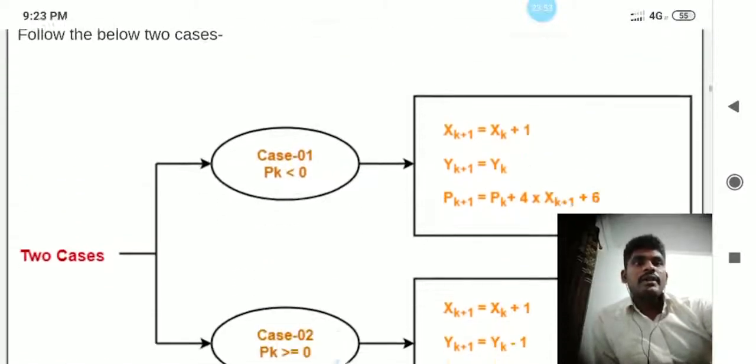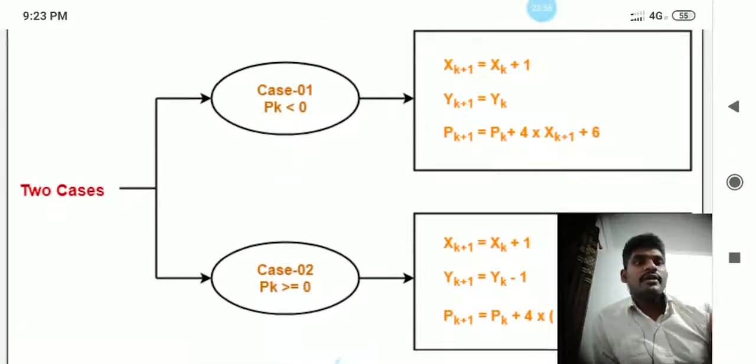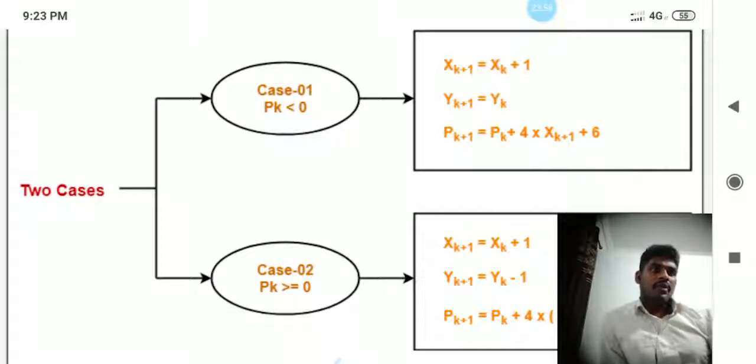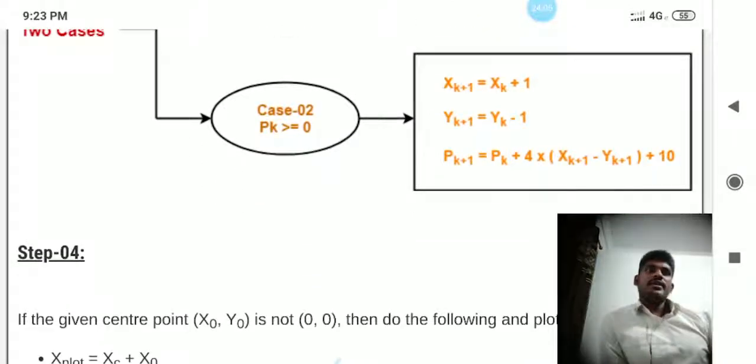Here, in case pk less than or equal to 0, the x value is increasing and the y value is not changing. In case 2, the x value is increasing but the y value is decreasing. So whether it is less than 0 or greater than 0, the x value will always increase.